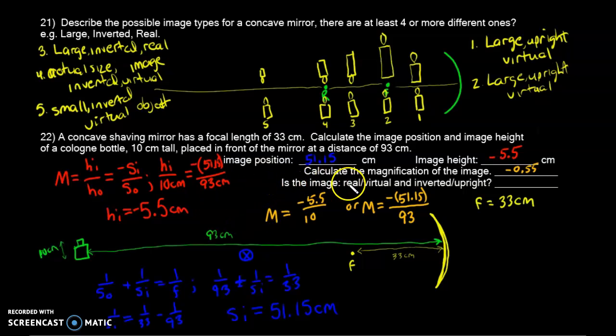So is the image real or virtual, and is it inverted or is it upright? Well, in one of the previous questions, we looked at what it means if we have a negative magnification. Check back in my notes here. There we go. So when M is negative, for homework number 19, that means our image is real and our image is inverted.